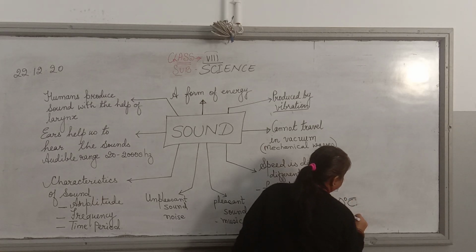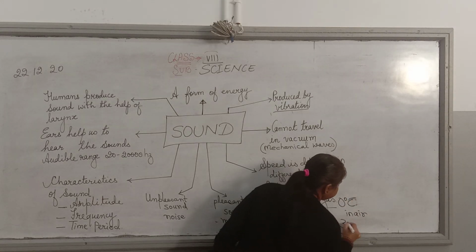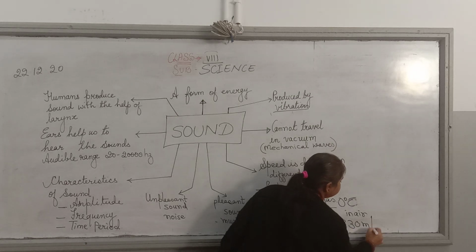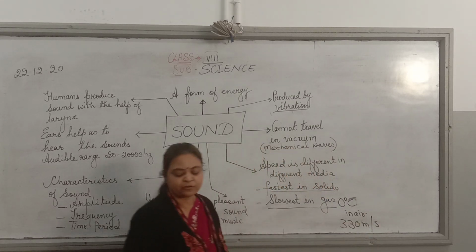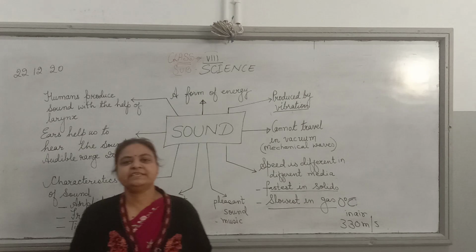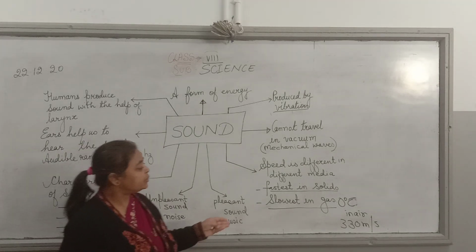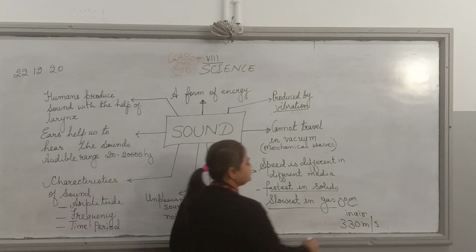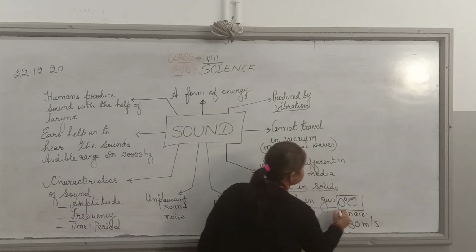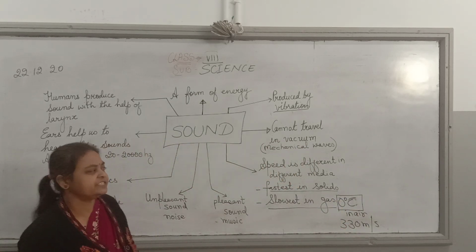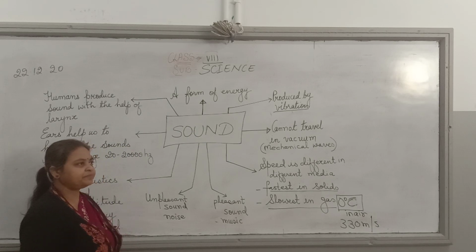In air, it is 330 meter per second. At degrees Celsius, it denotes that speed of sound also depends on the temperature.